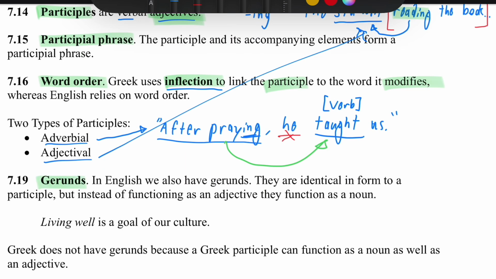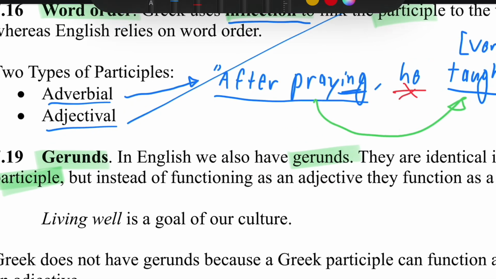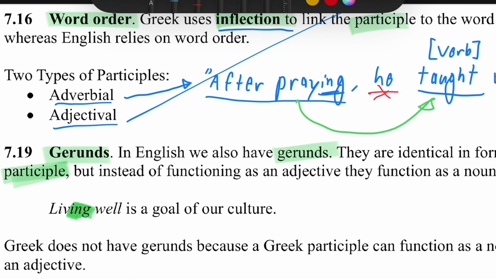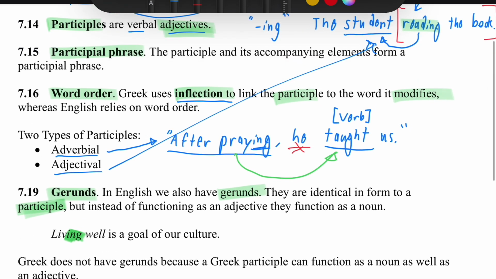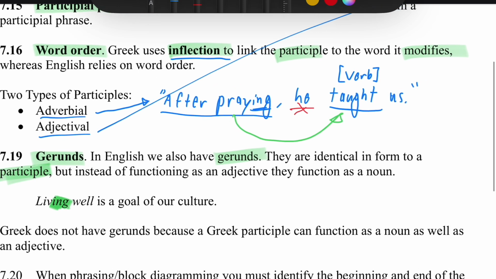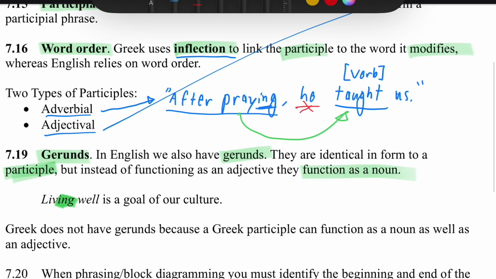Next, we'll touch on gerunds. So in English, we also have what are called gerunds. These are identical in form to participles, so they're going to have that ing ending on the end there. But instead of functioning as an adjective, which again, by definition, participles are verbal adjectives, they actually function as a noun.